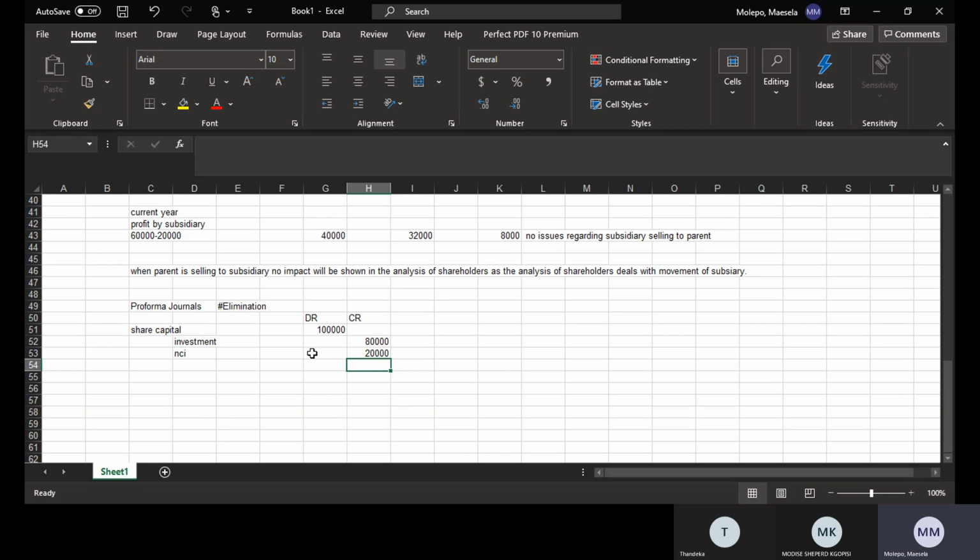And then which now balances, there will be the retained earnings. The retained earnings will be the one during the current year. So we have the retained earnings and the NCI.